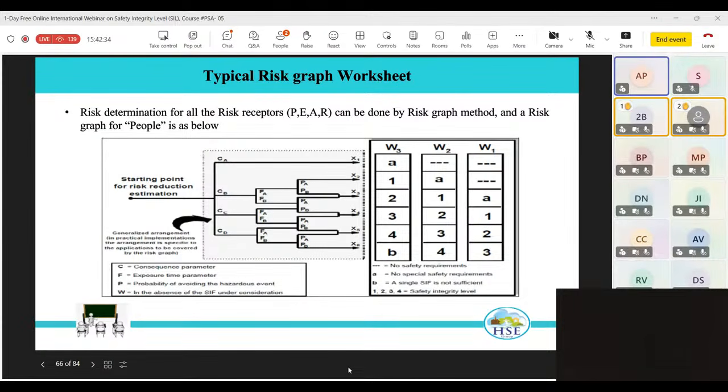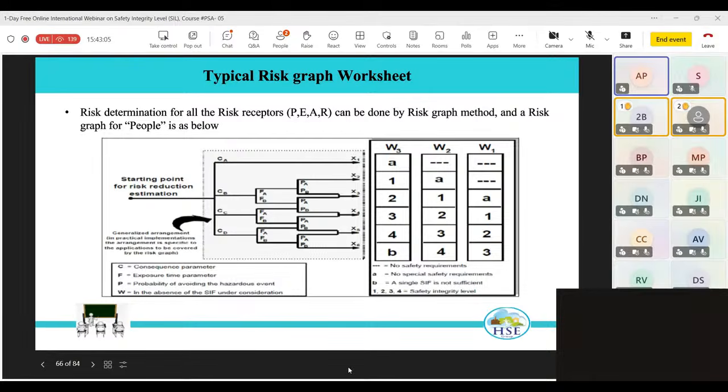Once you say CB is your scenario, there are other parameters like FA, FB, PA, PB. I'll explain what those are. And on the right side, we have W1, W2, and W3, which are the likelihoods of that event occurring. Now, criticality is known.